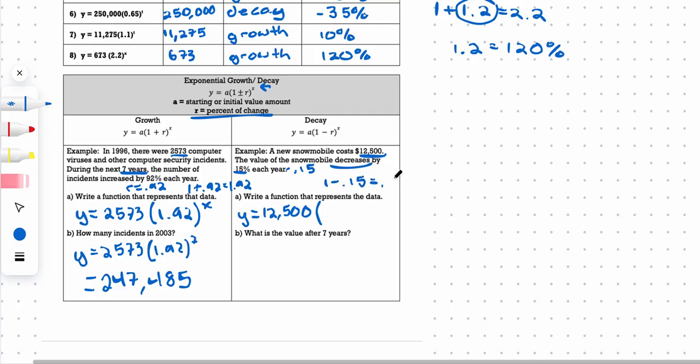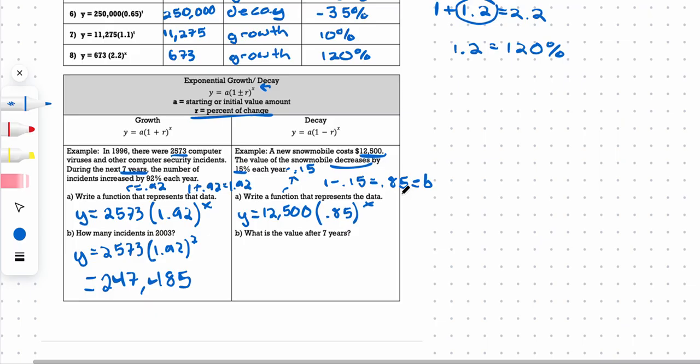That's going to give us 0.85. So we're going to put 0.85 as our b value. Just a reminder, this is b and this is r. 0.85 to the x power. So let's plug this into our equation.